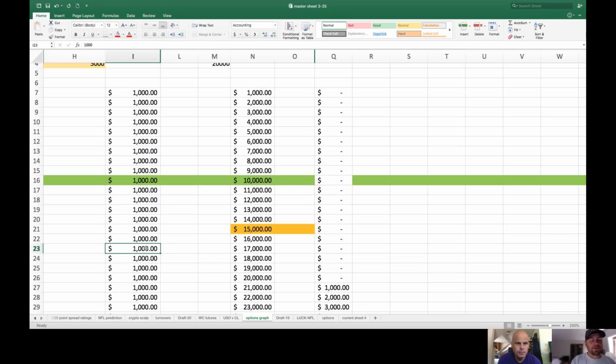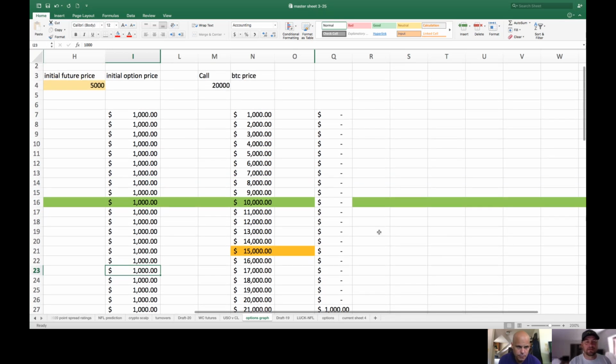So if I buy this call at 1,000 and I sell my Bitcoin at 15,000, now I've got $15,000 in my pocket, and I spent $1,000, so I have 14,000, and that's 9,000 more than I started with. I started with 5, now I have 14, and I don't have any risk to the downside. I have sold all my Bitcoin, so I have no exposure to the downside. If it goes to zero, I still have the cash.